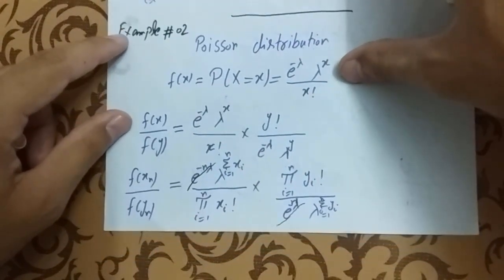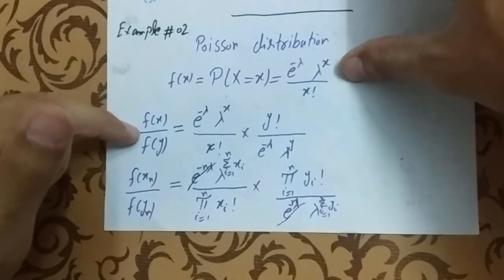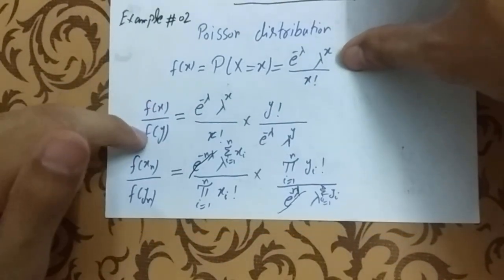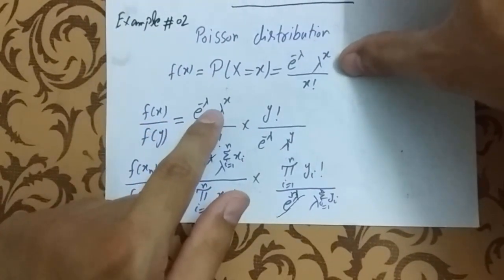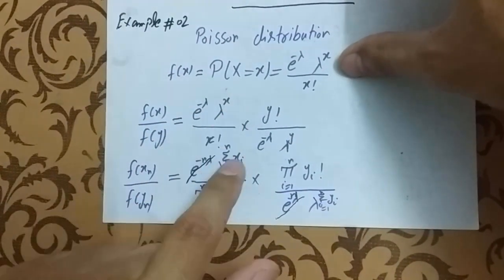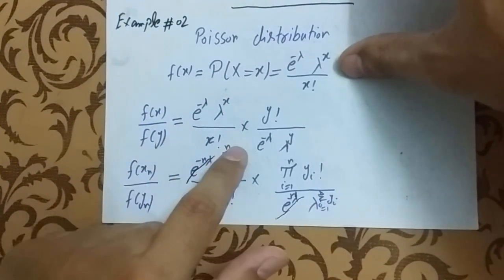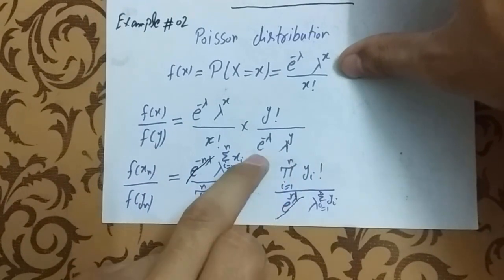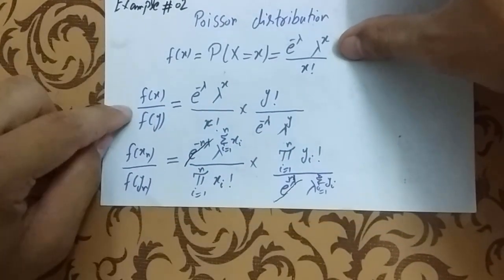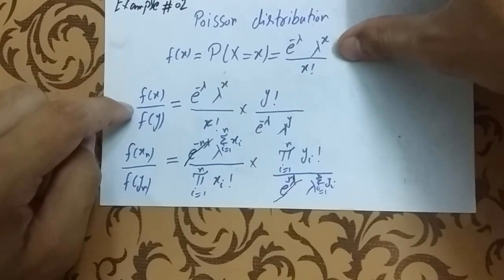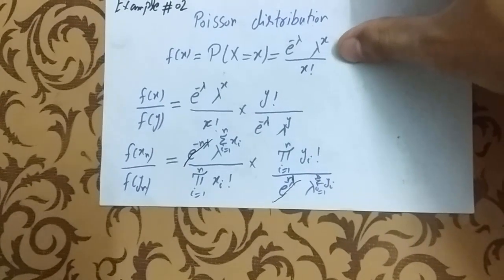First of all, we check it for the one sample, f of x over f of y, which is equal to, for the x, e raised power minus lambda, lambda raised power small x over x factorial, and similarly f of y multiplied by y factorial over e raised power minus lambda and lambda raised power y. This is for the one sample space, only for x.